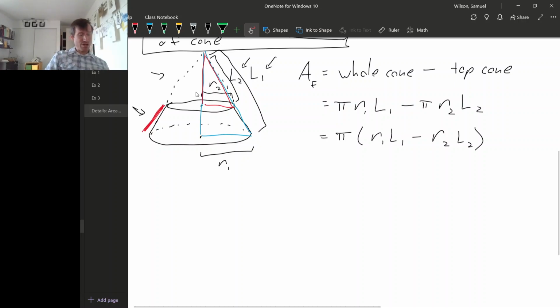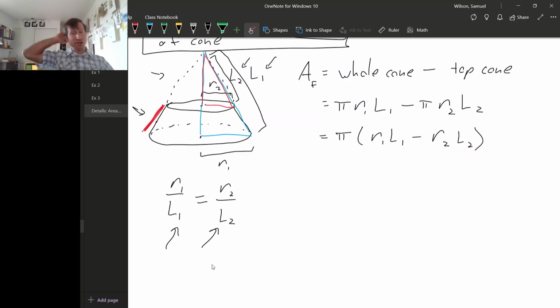And the way that I'm going to do this is, R1 over L1, so the radius over the length for the big triangle, by similar triangles, that's equal to the small radius over the small length. So the fact that these two ratios are equal is sort of a key thing for this whole situation. So I'd like R1 over L1 and R2 over L2 to show up over here because I happen to know that those are equal.